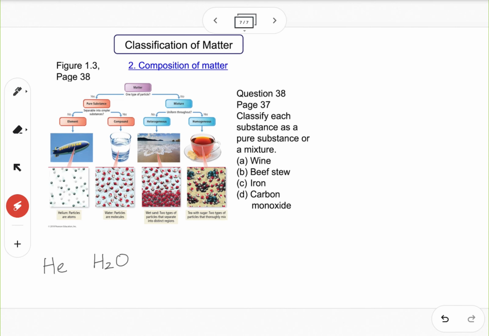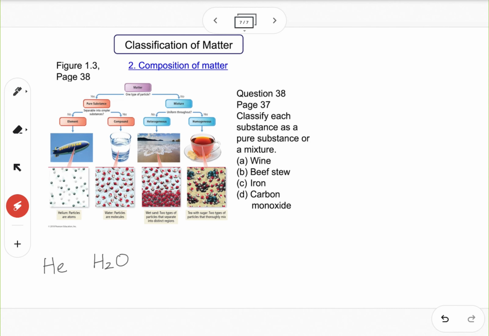But the basic components would be alcohol and water. So this is going to be a mixture. I don't know whether you drink wine or not, but you're probably not of age. But anyway, when you have a bottle of wine, you can see that it's uniform, so it's a homogeneous mixture. Of course, this question is just asking you whether this is a pure substance or mixture. So if you answer wine is a mixture, it's good enough for this particular question.